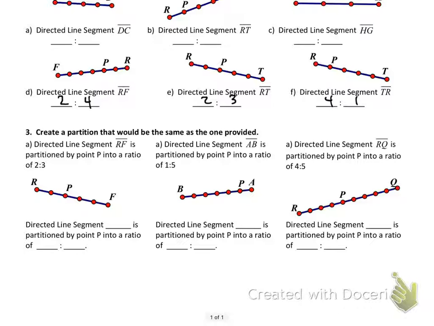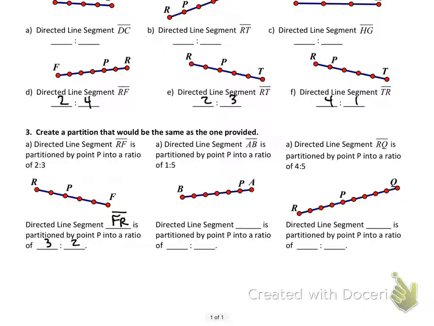And the last one right here, it already tells you you have directed line segment RF, partition 2 to 3. So how could you get the same result with a different direction? Great. Change that to FR, and then what do we do for the last part? Switch the ratios, 3 to 2. So we switched the directed line segment, and we switched the ratio.